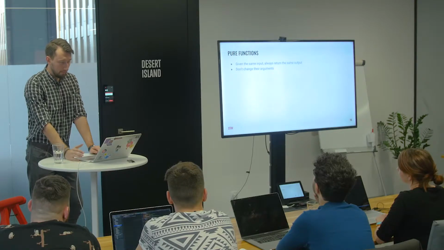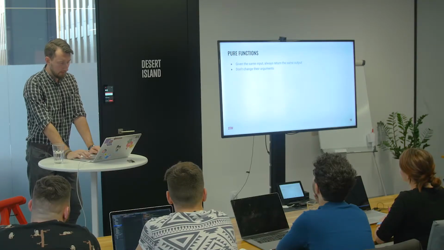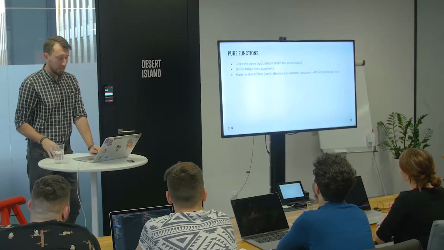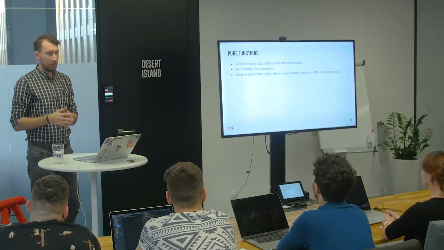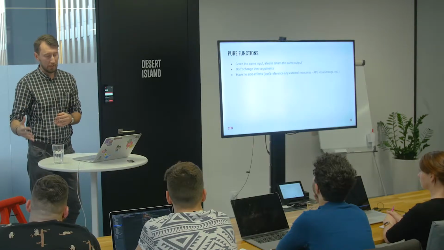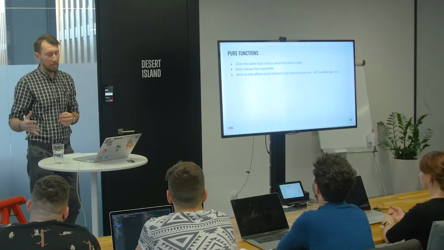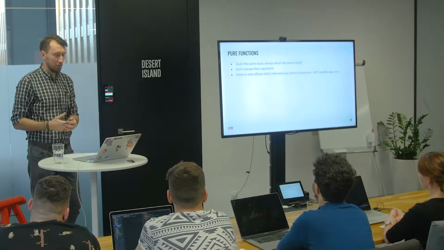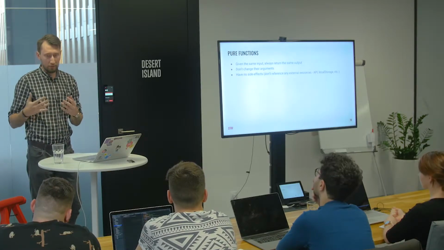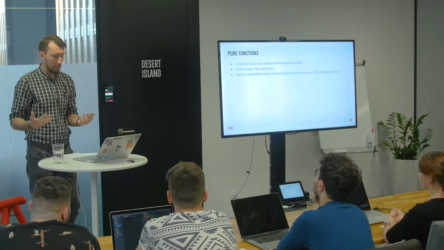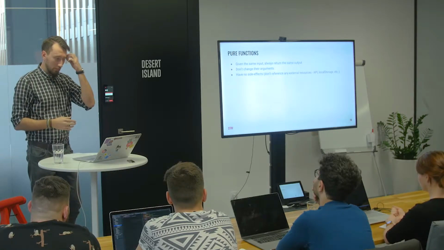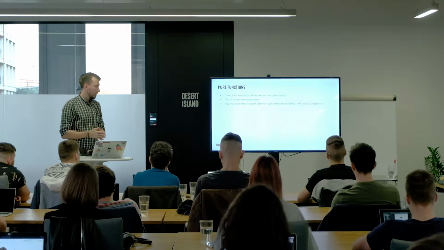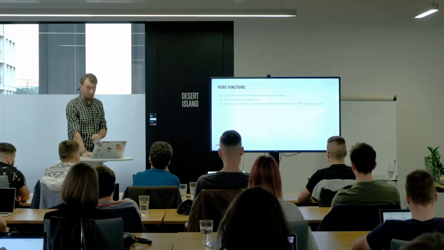It never mutates the argument that it receives, and it has no side effects. To explain this more, if a function references a variable outside of its scope, if it calls an API, if it uses local storage, if it uses any sort of external resource, that is called a side effect, and that is a no-go for pure functions. So three simple principles.